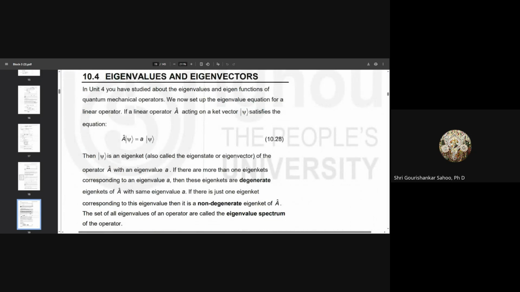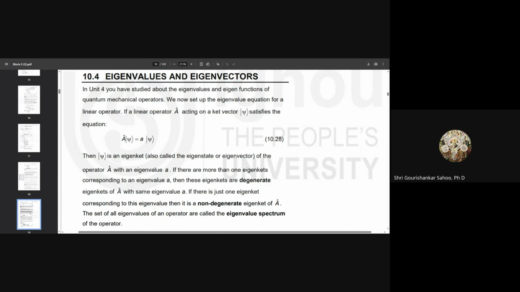Then eigenvalues and eigenvectors. In Schrodinger formalism, you have your differential equation. E cap can be represented in a differential form, i h cross del by del t. So when it is operated upon a wave function psi, you will have your energy eigenvalue.